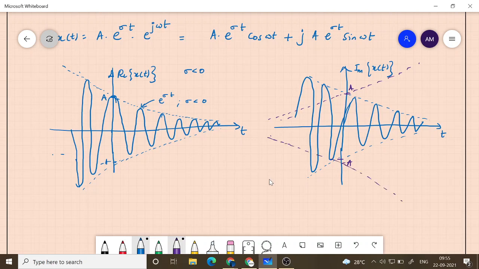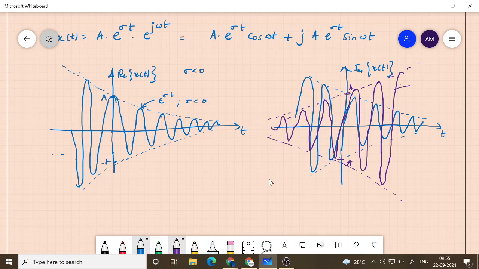It will go to the right and decay to the left.